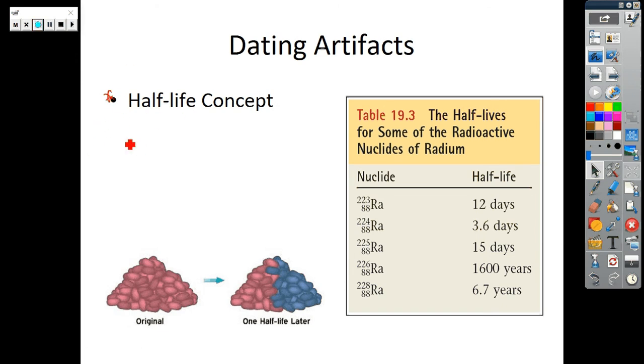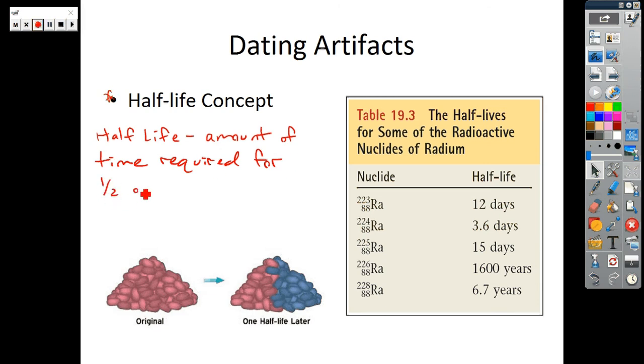But just to go ahead and define it, half-life is defined as the amount of time required for 1/2 of a sample of radioactive atoms to decay into another element.